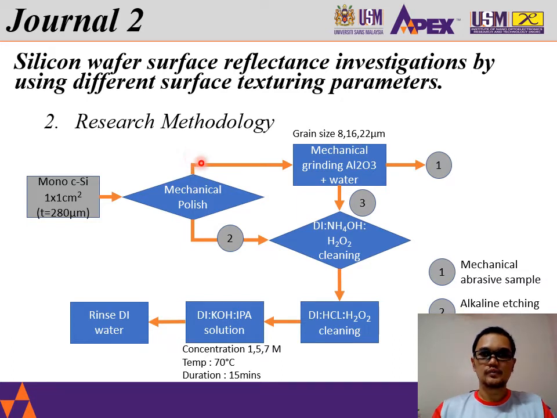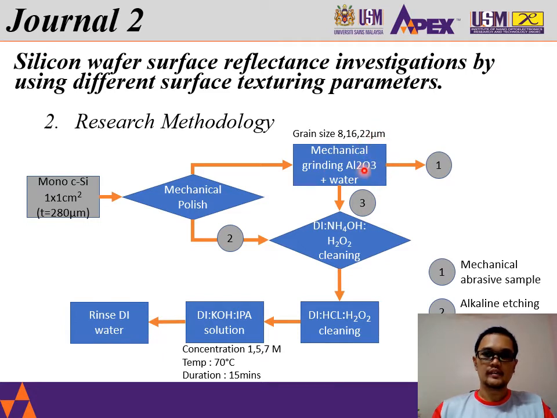At first, it's split into two. First is mechanical grinding, and the second is chemical alkaline etching. The first branch, mechanical grinding, uses aluminum oxide and water to create surface roughness. Three different grain sizes of aluminum oxide were evaluated, from the smallest, 8 micrometers, up to the biggest, 22 micrometers.